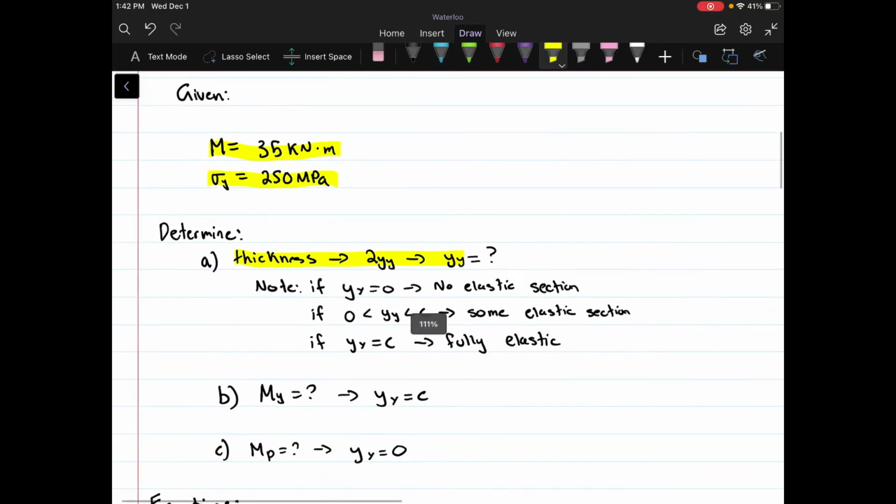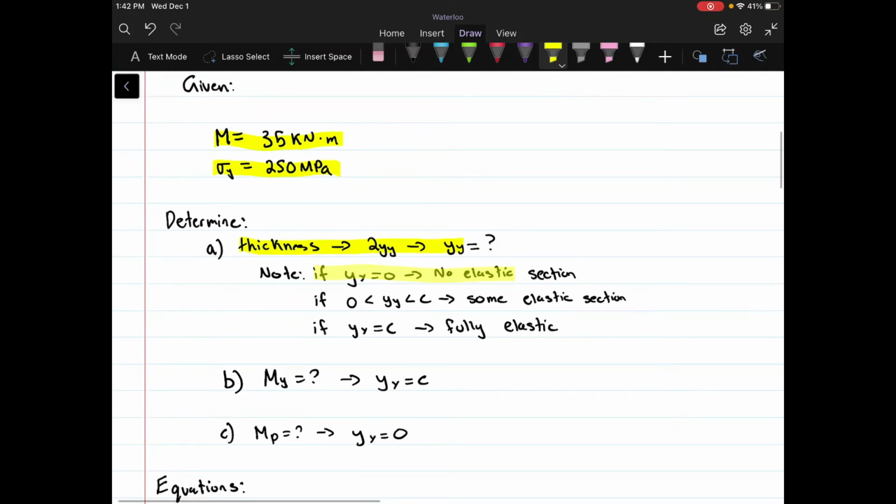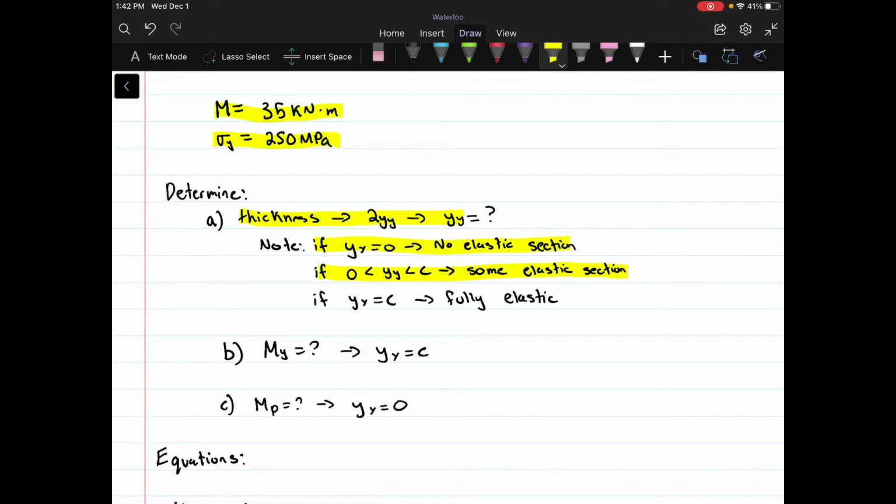If we solve for the thickness and we see that it is 0, this means that there is no elastic section in the cross-section. If the thickness is in between 0 and c, that means that there is some elastic section in the cross-section. And if the thickness is just equal to c, which is the height, that means that the cross-section is fully elastic.